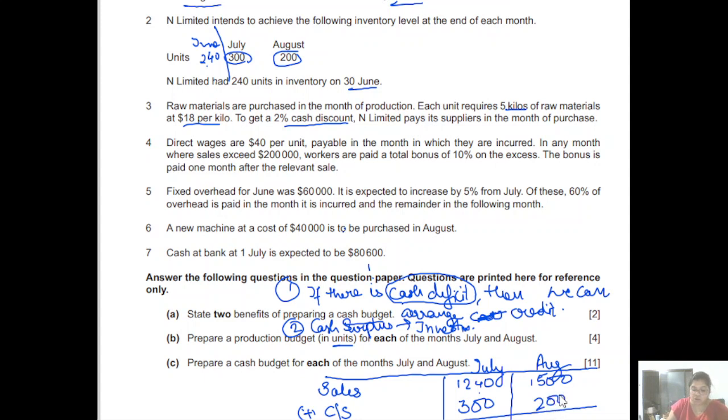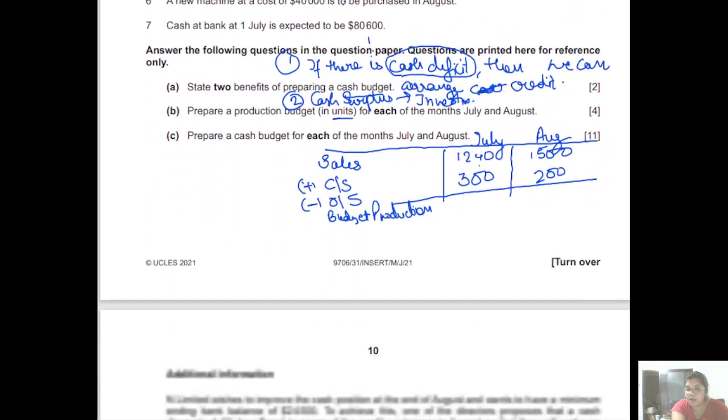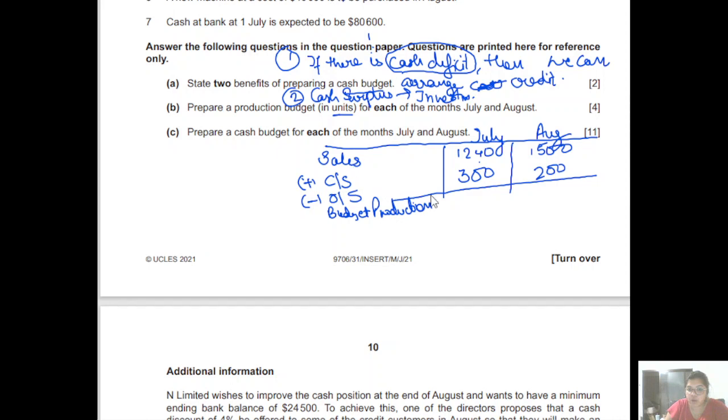Now the question is, what is your opening stock? June's closing stock will be considered as July's opening stock, and July's closing stock will be considered as August's opening stock. June's closing stock is directly given to you in the question, that is 240. So now it is simple to find out the opening stock. June's closing stock is the opening stock of July, that is 240.